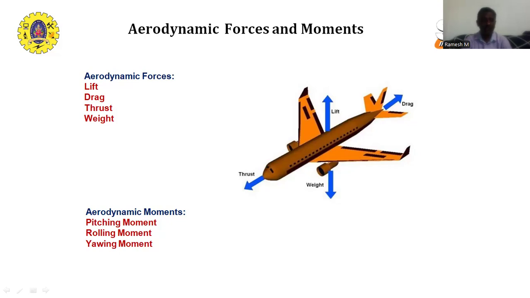The distribution of the weight and the center of gravity also change. So the pilot must constantly adjust the controls to keep the airplane balanced. So this is about the self-weight of the aircraft. Next, the second aerodynamic force, we are going to talk about lift.